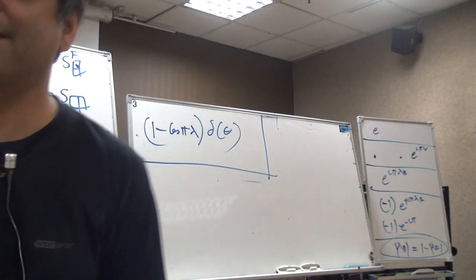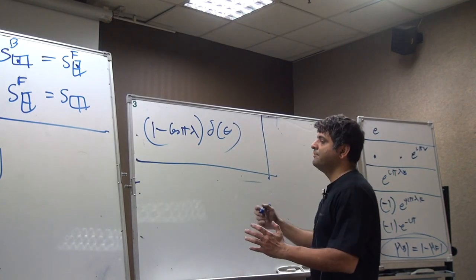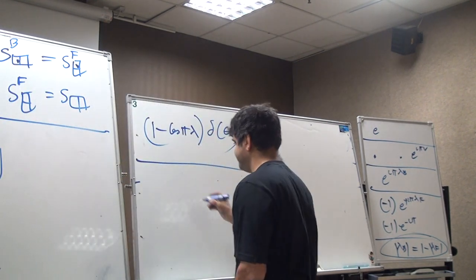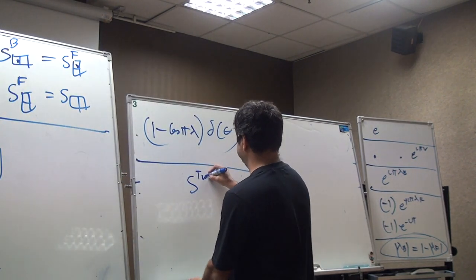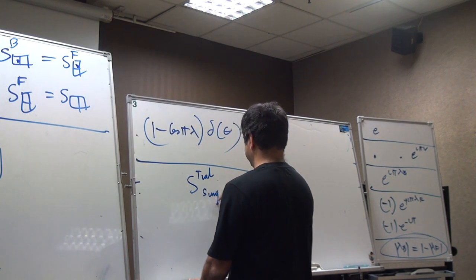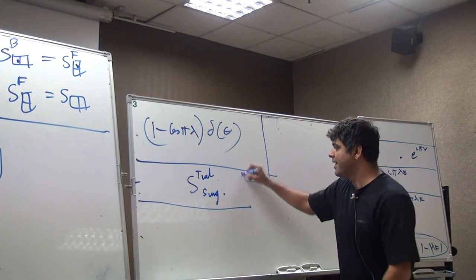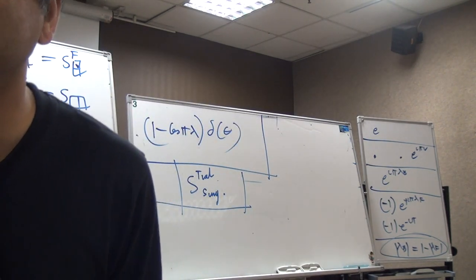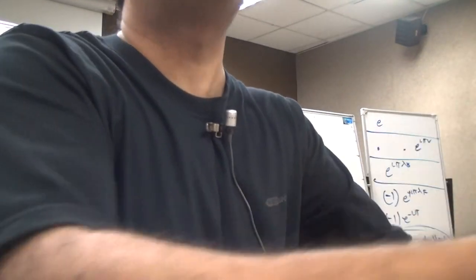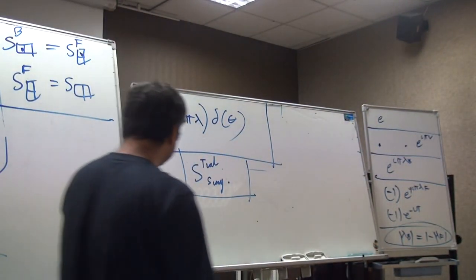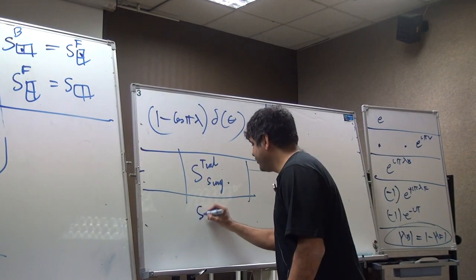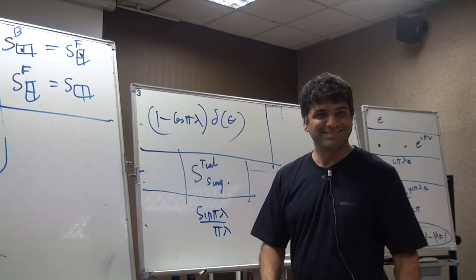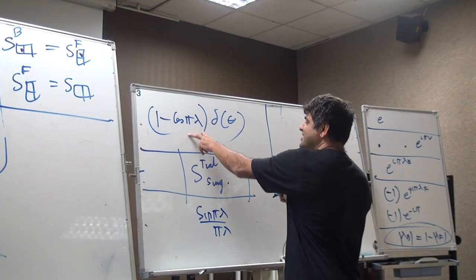But let's proceed anyway. So what we did was to just analytically continue the answers that we got here to the S channel. So we got an S trial singlet. And then we checked this. The first thing we did was to check whether it obeyed the non-relativistic limit. Does it correctly reproduce the right non-relativistic limit? And the answer is not quite, but it does if you multiply this answer by sine pi lambda by pi lambda and add this term by hand.